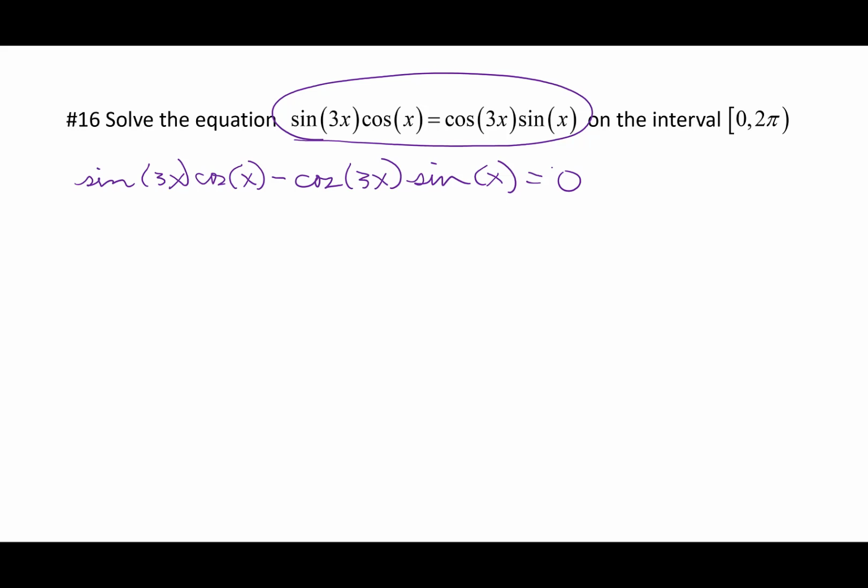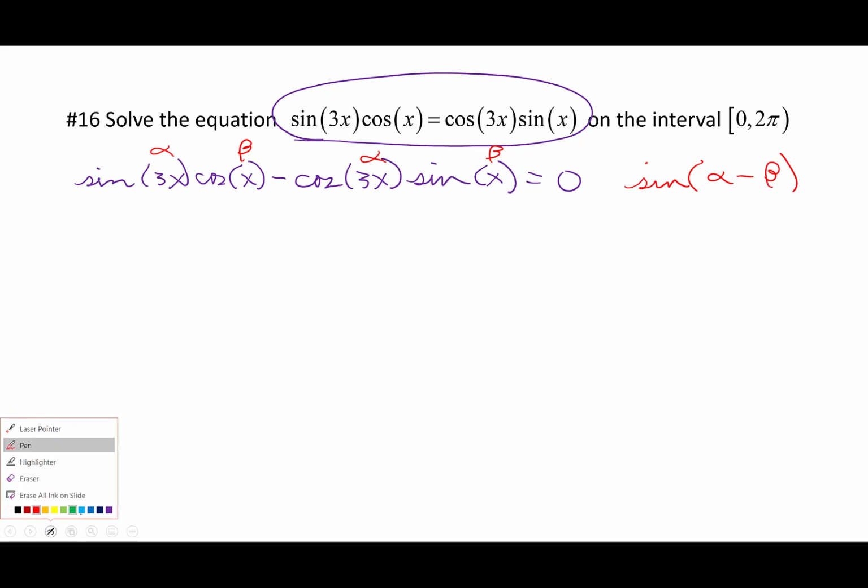If I set alpha equal to 3x and beta equal to x, then we have sine alpha cosine beta minus cosine alpha sine beta. Well, this sure looks like the sine of alpha minus beta, and we can solve the problem that way.